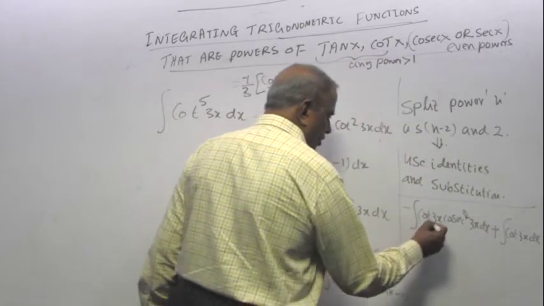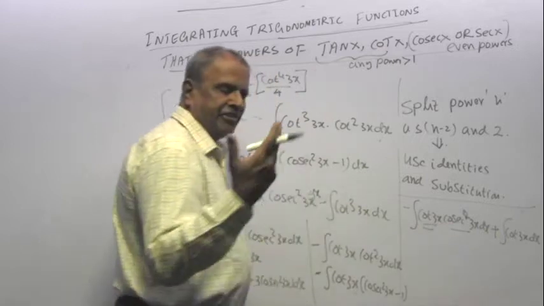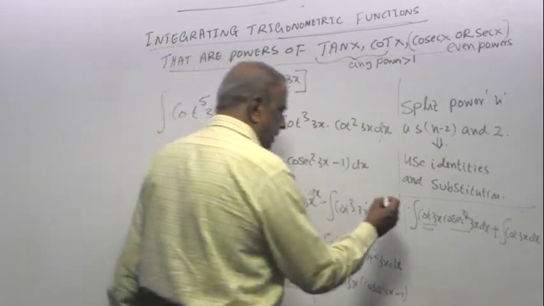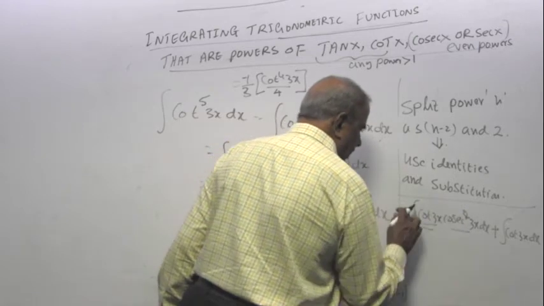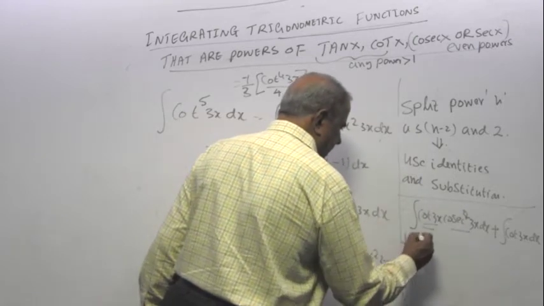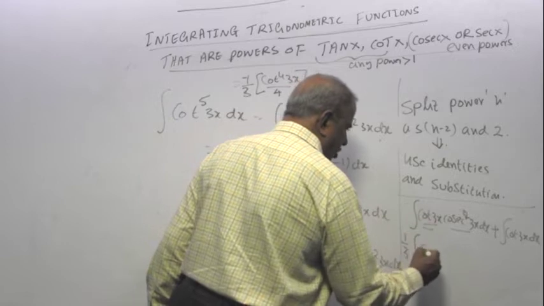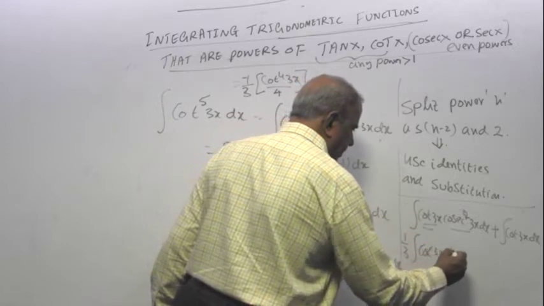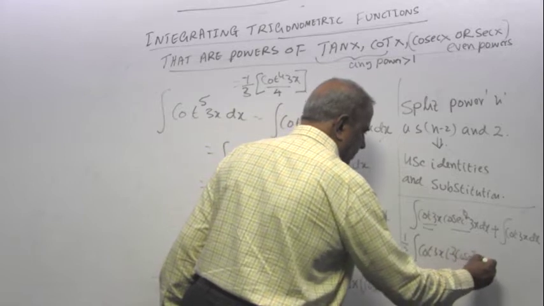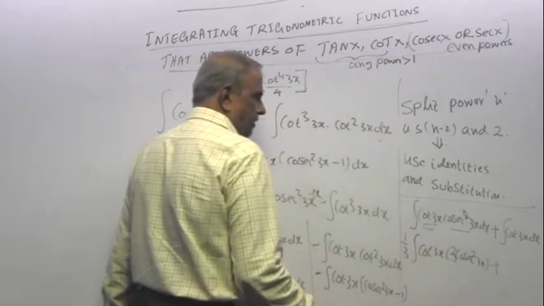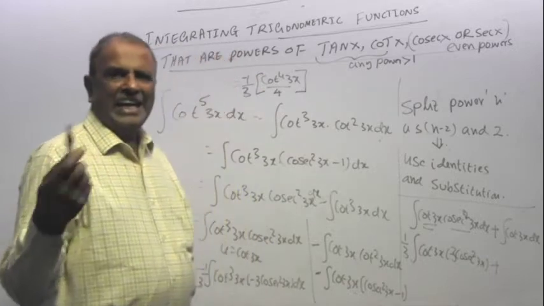When I differentiate cot, I get minus 3 cosec squared. I have a minus, so I'll make it a plus, or let me write it as 1 over 3 integral cot 3x times minus 3 cosec squared 3x, plus, when you integrate cot, I get ln sine.